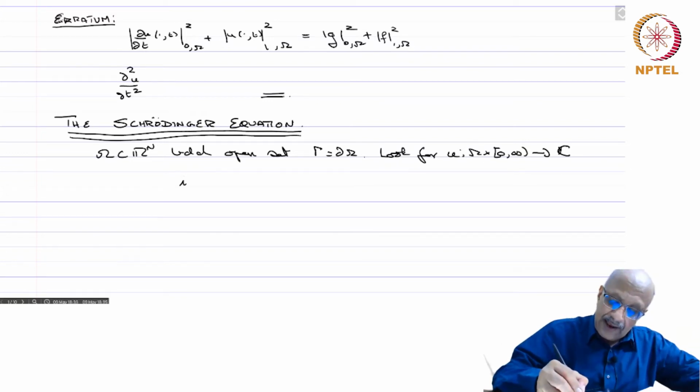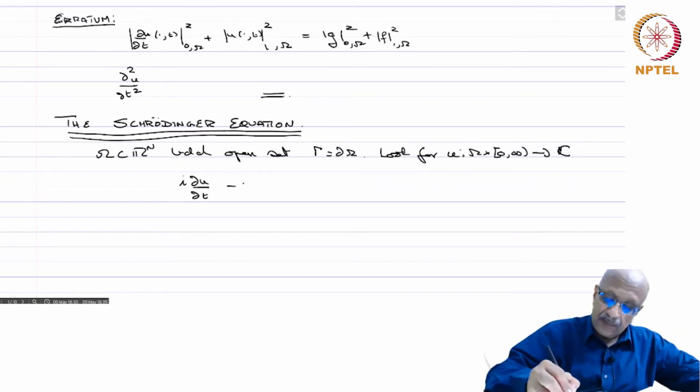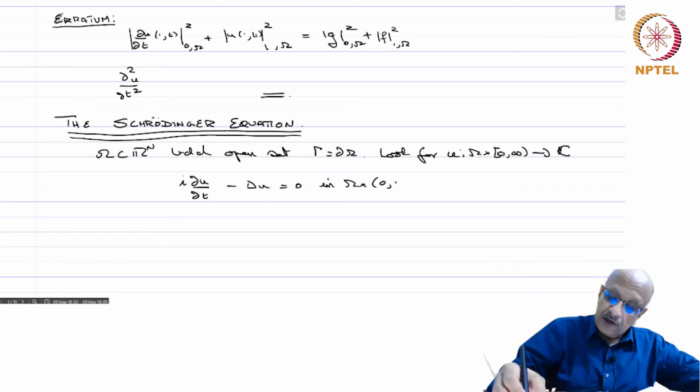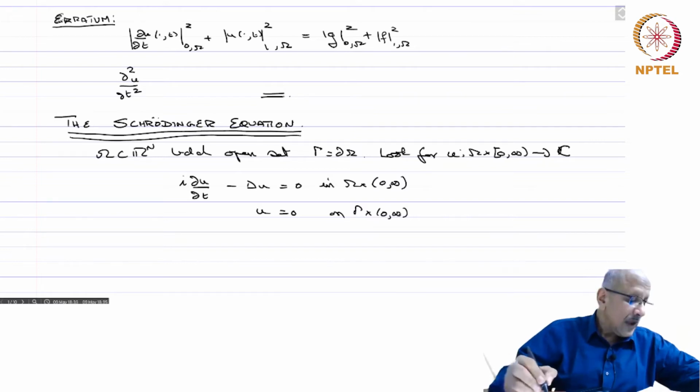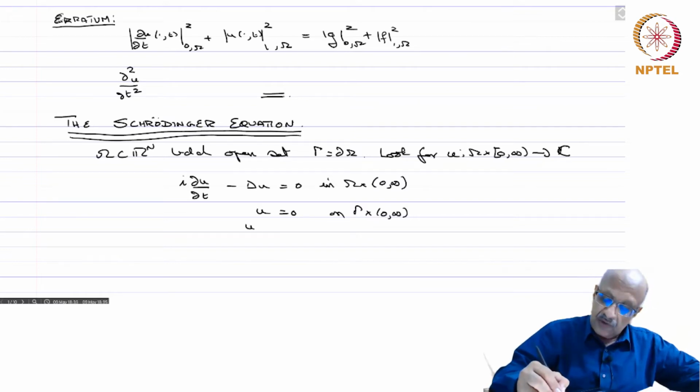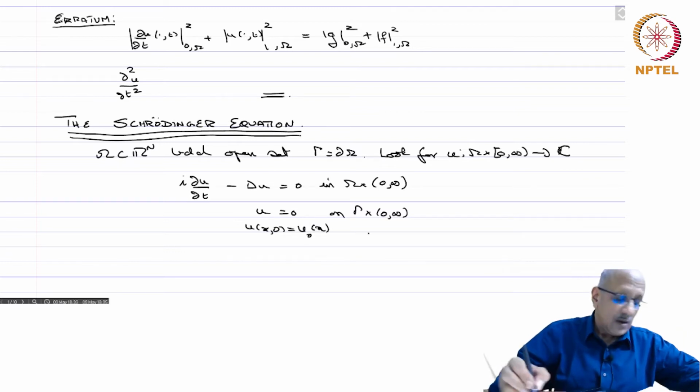such that i du/dt minus Laplacian u equals 0 in Ω × (0, ∞), u equals 0 on Γ × (0, ∞), and u(x, 0) equals u0(x) for x in Ω.